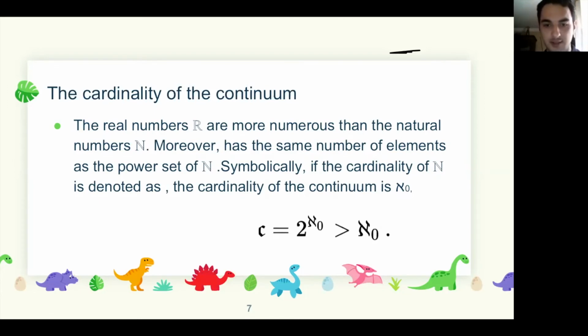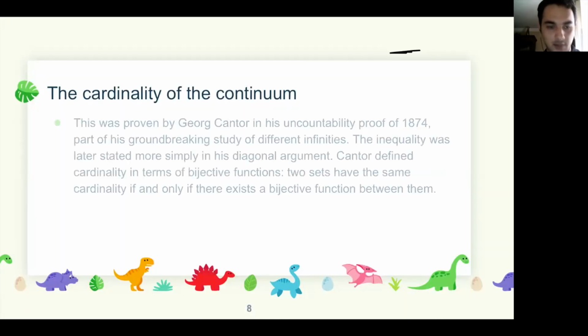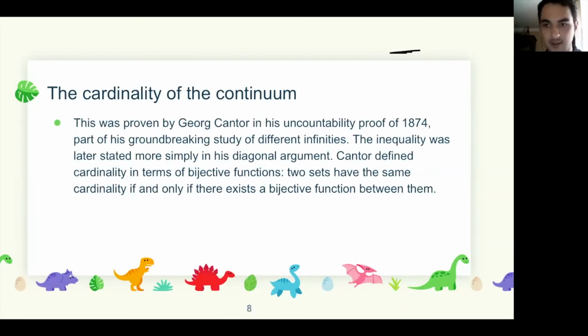After the next slide, I explain what Aleph null is. On the 10th slide, I explain what Aleph null and Aleph 1 are. Aleph 1 is the second smallest infinite cardinal number.